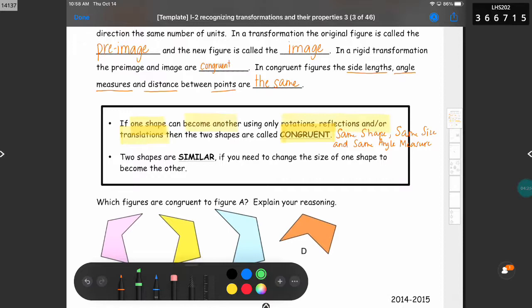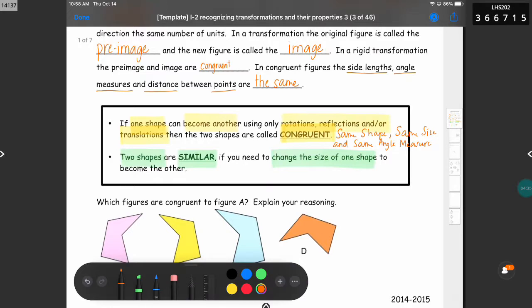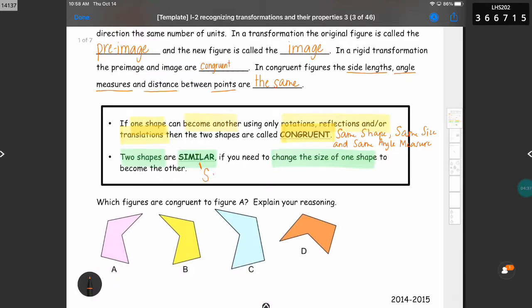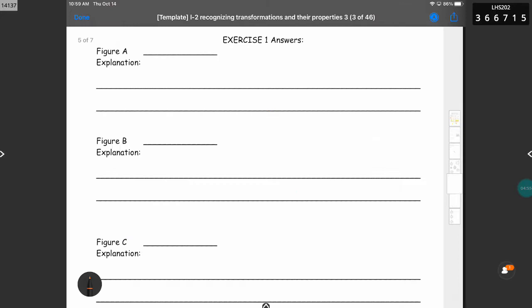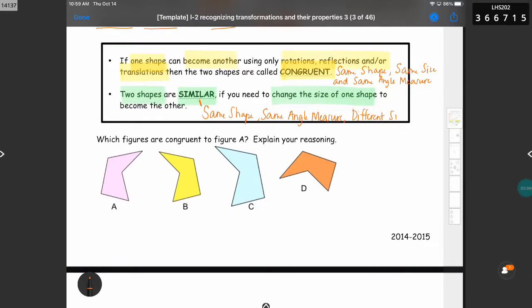If two shapes are similar, you need to change the size of one shape to become the other. So for similar, they have to be the same shape, with the same angle measures, but a different size.